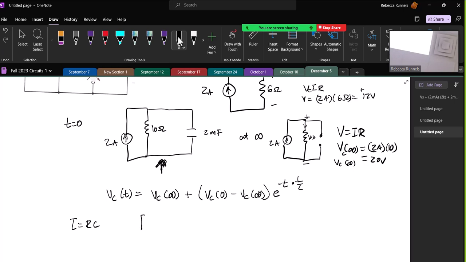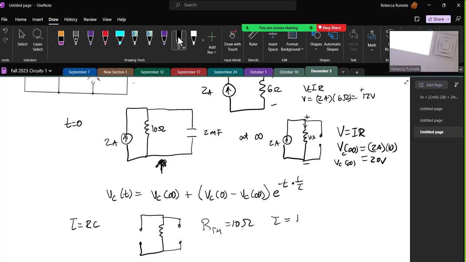To find the Thevenin resistance, I will deactivate the sources. I'm looking at it from the point of view of the capacitor. When you deactivate a current source, it becomes open. So it's clear to see that our Thevenin resistance is 10 ohms.